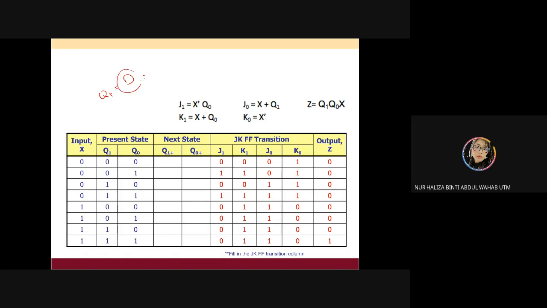You refer to the value of D, you get this. But for these, you can see it is going to refer to the JK value. So this J value will depend on this.